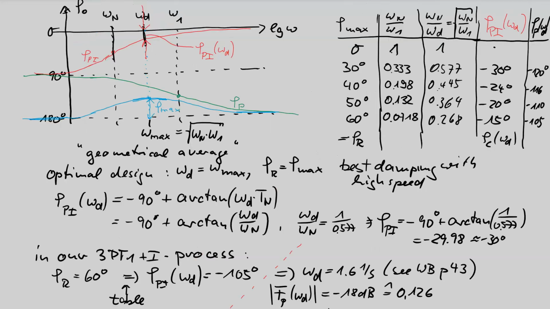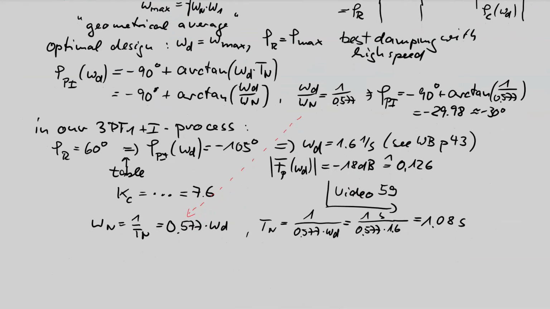Yeah, indeed, I have made an error. This 0.566 value belongs to a phase margin of 30 degrees. We are at 60 degrees, and there our omega n over omega d value is 0.268. Sorry for this. So we have to correct this: 0.268.